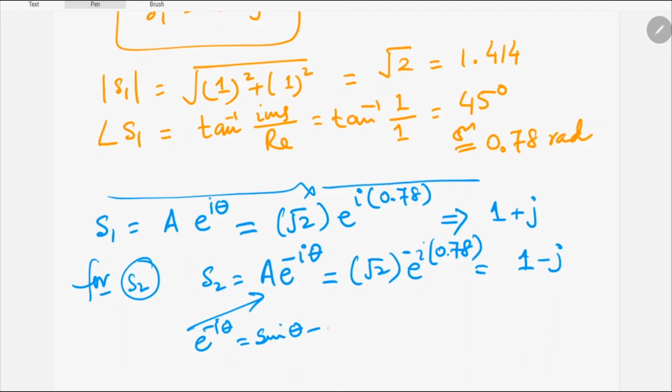Previously here was plus; if the i is in minus, then we have this. This is just for information.